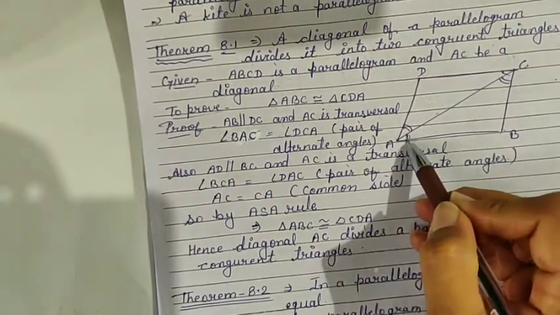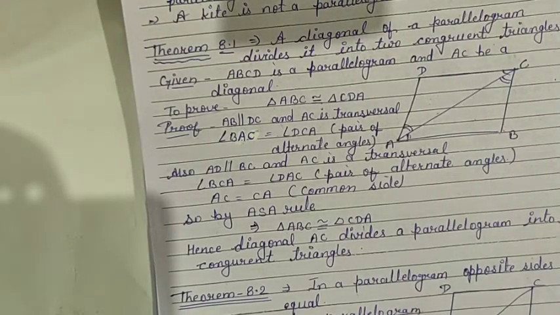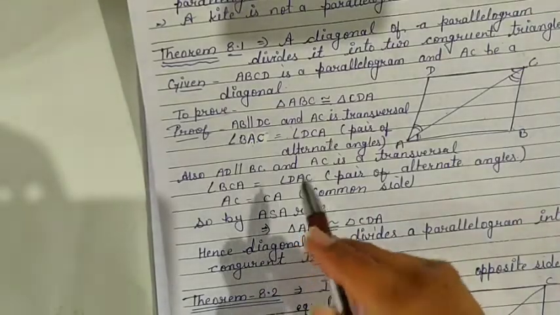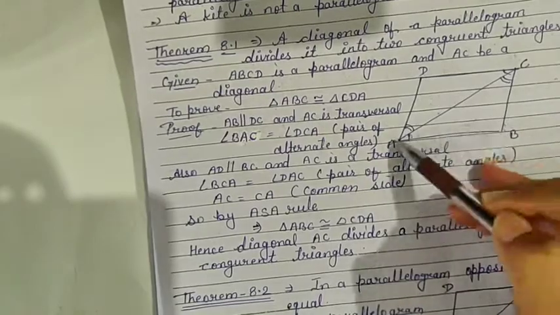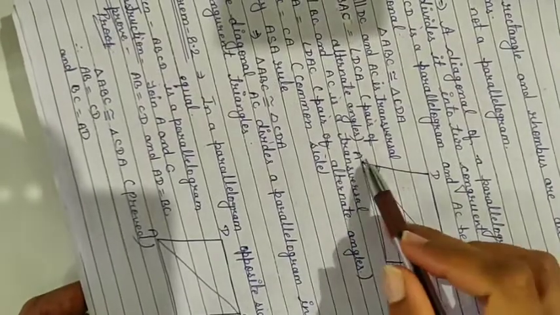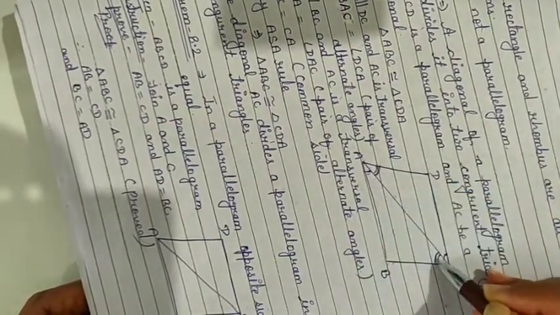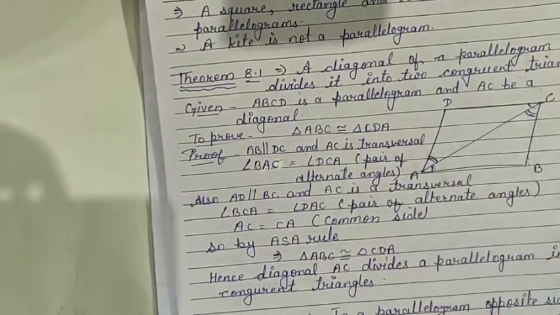Now next, AD is parallel to BC and AC is a transversal. When I rotate the diagram like this, BC is parallel to AD and AC is a transversal, so these two angles are also alternate angles and will be equal.